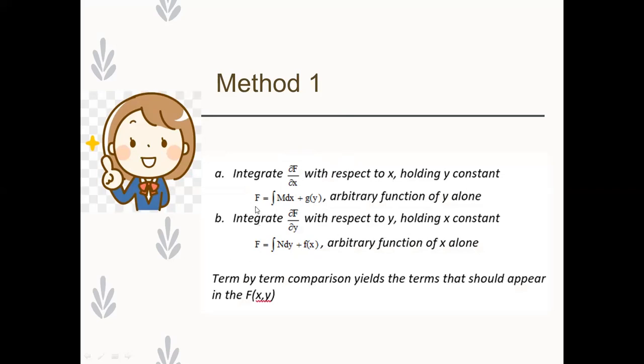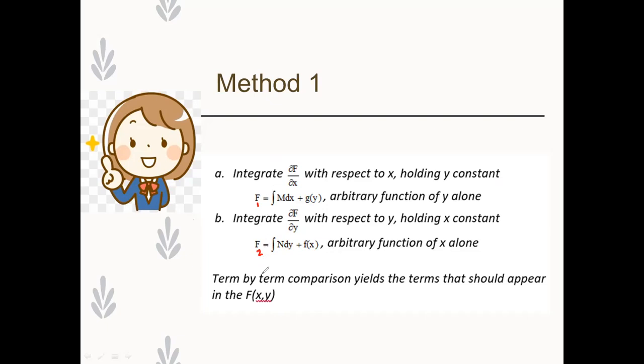And you will get an expression of f. Okay, that's, let's say, your F1. And you will also integrate the partial derivative of f with respect to y, holding this time x constant, and that's your F2.